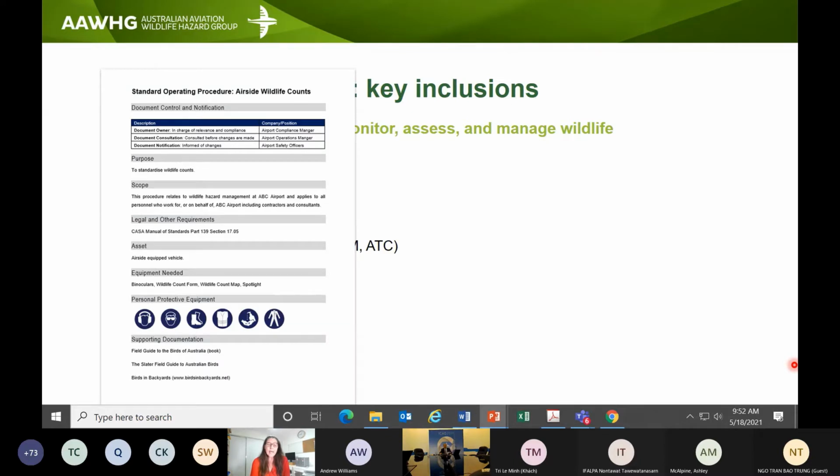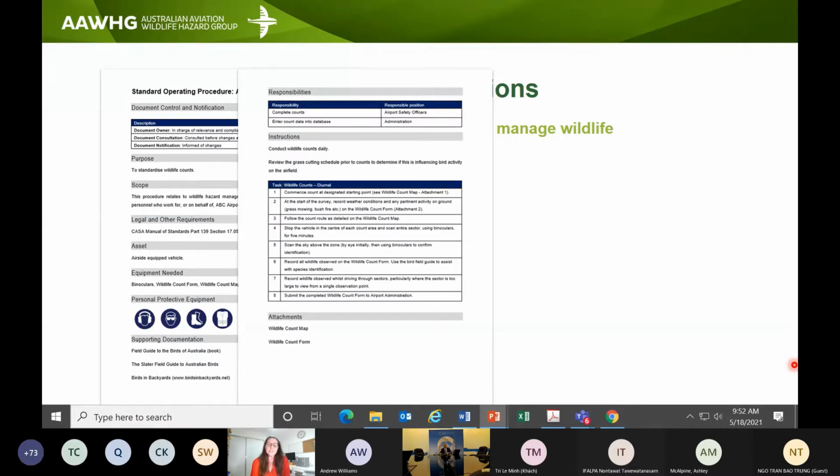Key to the standard operating procedures is not just the actual list of responsibilities and roles, but also making sure that the procedure has reference to things like safety, any safety requirements for implementing that procedure, any supporting documentation, and what the legal requirements are for that standard operating procedure, the allocation of responsibilities for who should be implementing that particular procedure and in what capacity, and then of course the instructions on how to implement it.